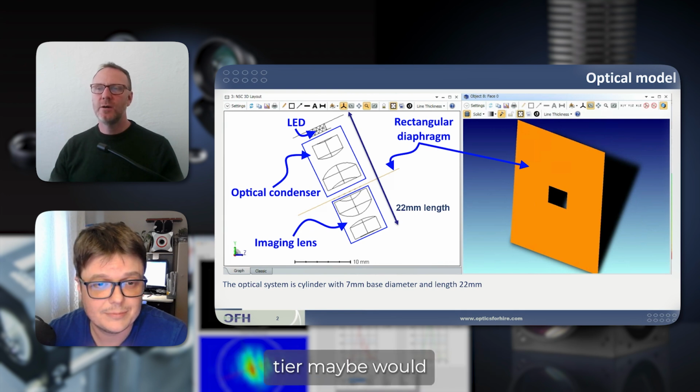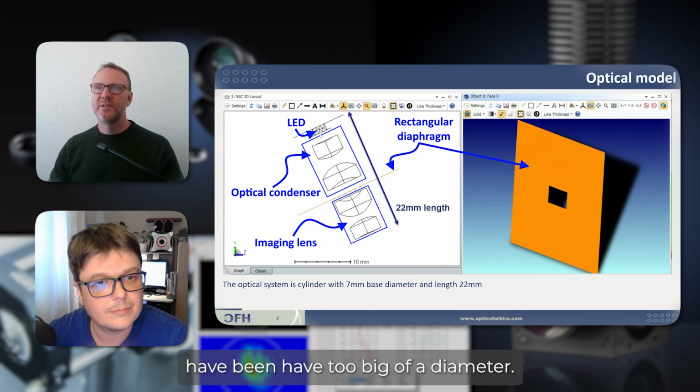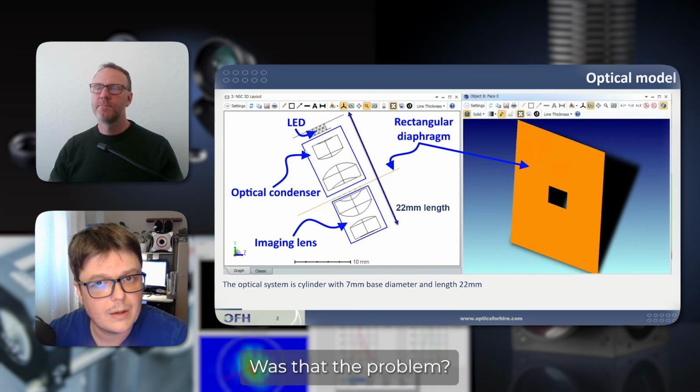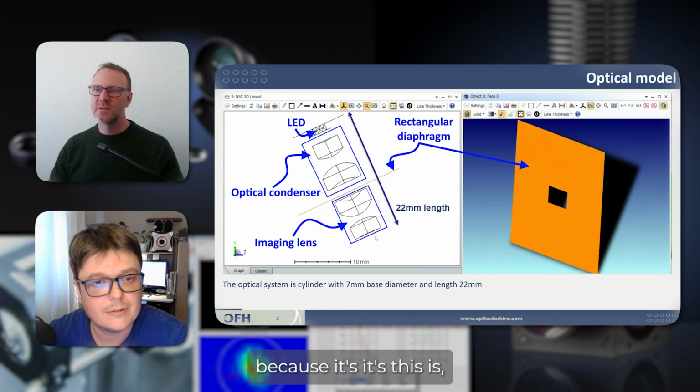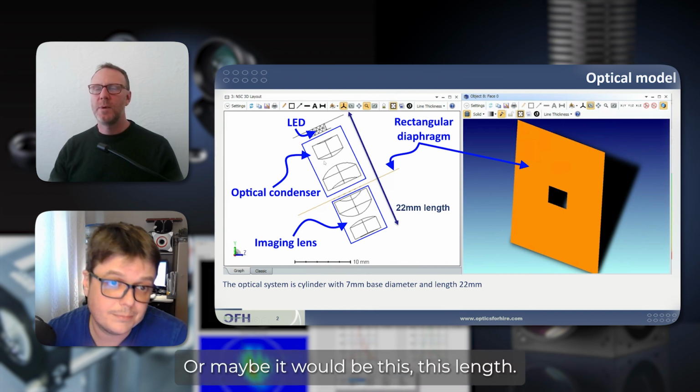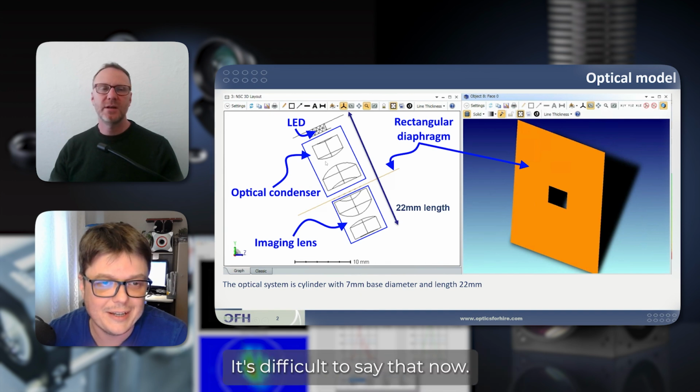And so the TIR maybe would have too big of a diameter. Was that the problem? Yeah. So they just had kind of a narrow channel, because this is, I would think, longer than a TIR might be, but definitely narrower. Or maybe a TIR would be this length, but it's difficult to say now.